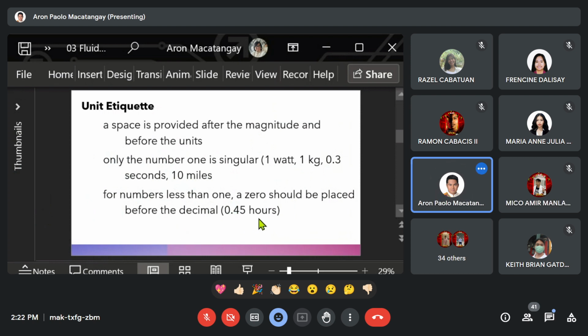This is for clarity, and a reminder to the reader that there is a decimal point. Sometimes without the 0, the point is forgotten, or it is too thin and not noticed, so instead of 0.45 hours it gets read as 45 hours. So the 0 is there to help the reader identify the point in the magnitude.